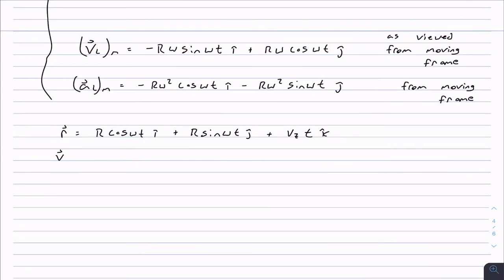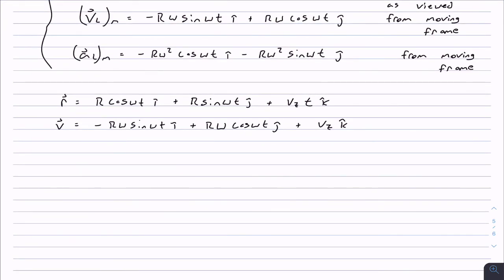So v is equal to negative r omega sine omega t i hat plus r omega cosine omega t j hat plus v sub z k hat. This is as viewed from the lab frame.